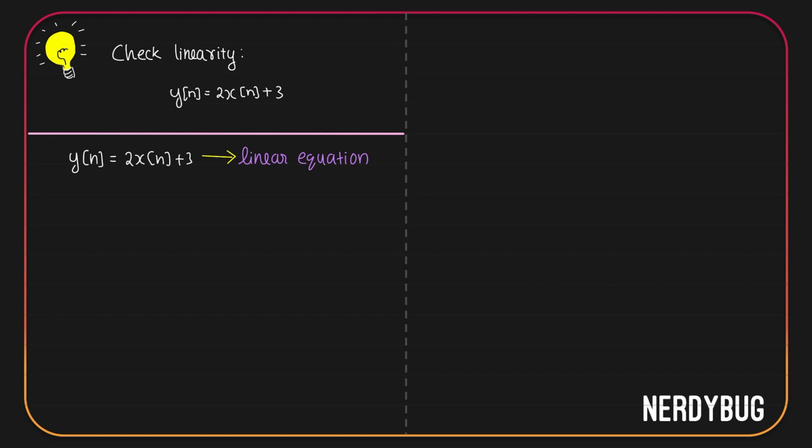Let's take examples. Take x1 of n is equal to 2 and x2 of n is equal to 3. Then y1 of n is going to be 2x1 of n plus 3, that is 4 plus 3, 7, and y2 of n is going to be 2x2 of n plus 3, that is 9.